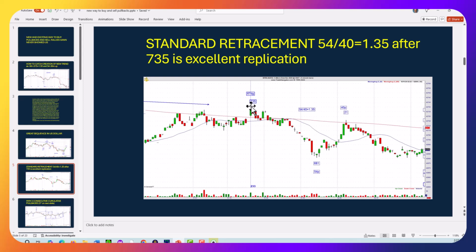I won't go that far. I wouldn't ask you to or tell you or suggest in any way that you should be putting money on that. But the retracement stuff, the replication, the fact that the bigger leg is 1.35 times the smaller leg with a price high of 735, that works.